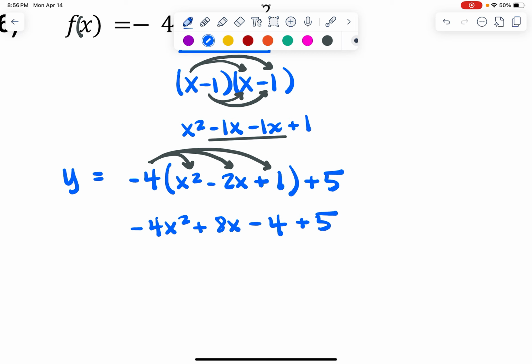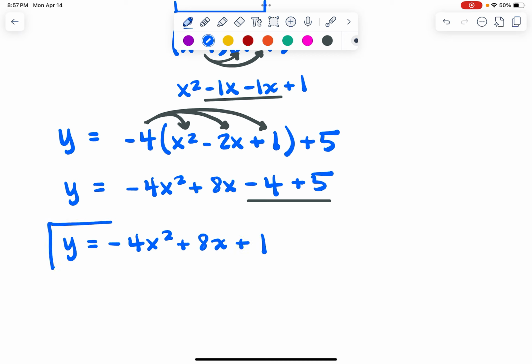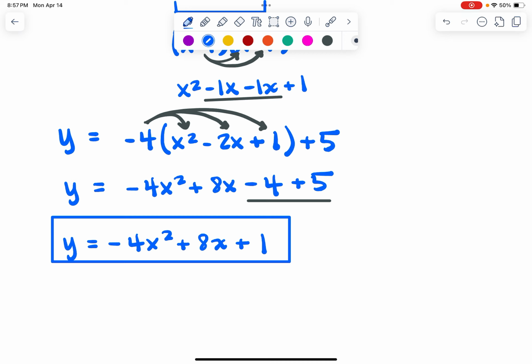And then I'm going to bring down my plus little 5 hanging on the end there still. And then you'll notice we have a pair of like terms, but now it's the constants at the back. So our final answer is y equals, or you can write f of x equals, it really doesn't matter to me, negative 4x squared plus 8x plus 1. That is going to be our final answer in standard form.